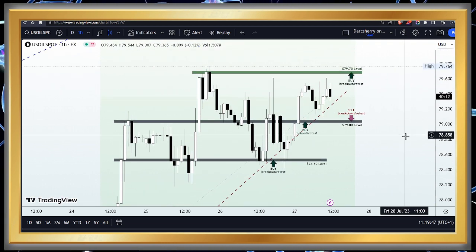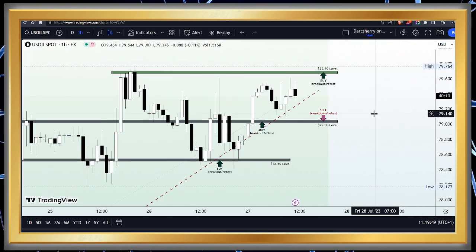Now, with the situation we have here, remember I laid emphasis on the fundamental aspect of the market as well. As we can see, price action is gradually approaching the $80 mark target which OPEC Plus has placed on this market. Remember, since the beginning of the year, OPEC Plus has been doing everything within its capacity to artificially increase the demand for oil, aiming at that $80 mark.